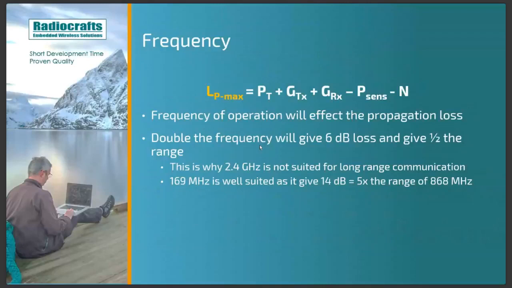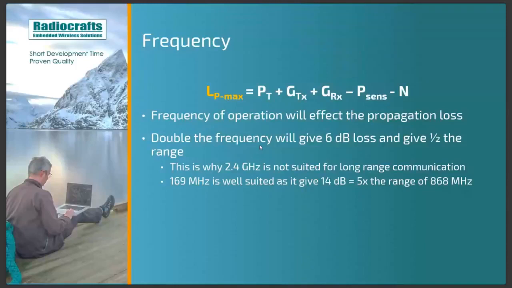So the easy rule of thumb is: double the frequency, half the range. This is also why 2.4 GHz is not that suited for long-range communication. We do see a lot of long-range communication at 868, but we also see it at 169 MHz, which is used in Europe. There are other low-frequency bands possible in other parts of the world, but 169 in Europe is very popular simply because it gives 5 times the range of 868 MHz.